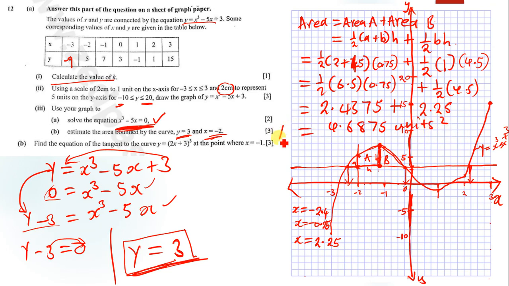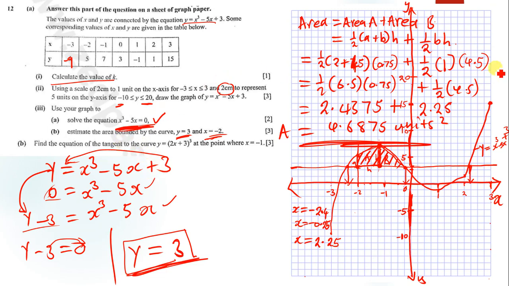So this is the area, the total area of this shaded part here, the one that we've been asked to find, in units squared. The total area is simply 4.6875.